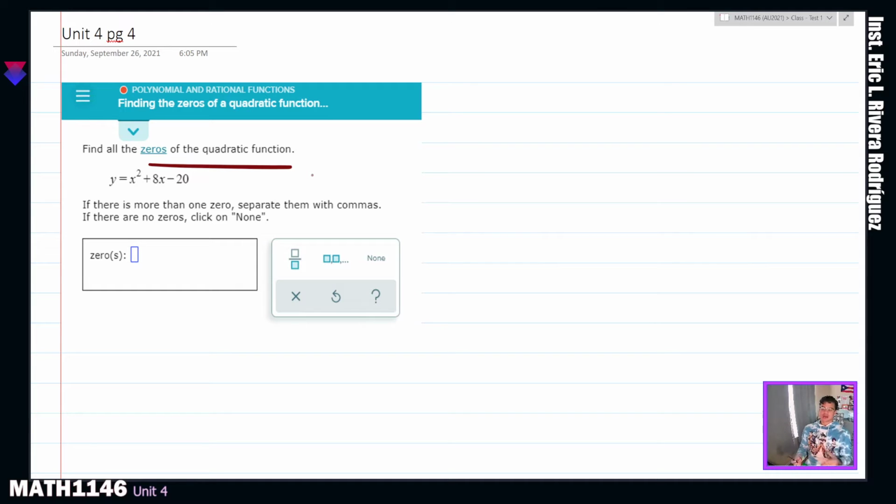So right now, I'm just going to show you how to find the zeros for a quadratic function. Here you want to know 2 things, and either one is going to help you: the quadratic formula, or how to factor quadratic equations.